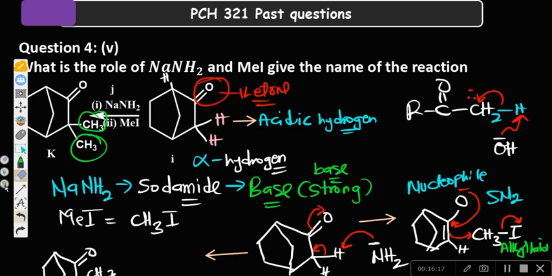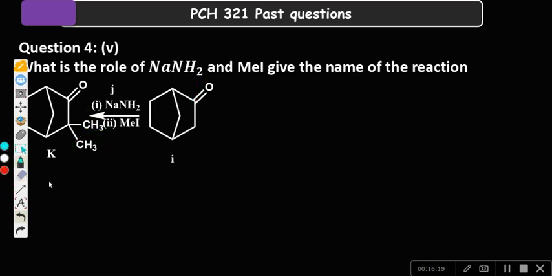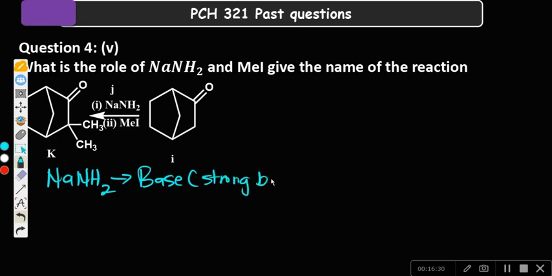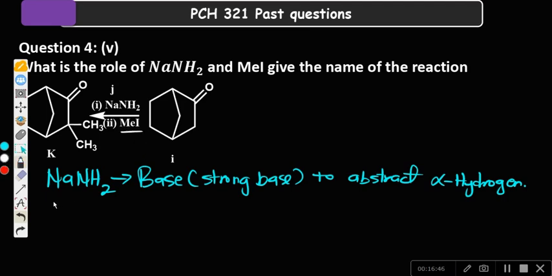All right. So without saying much, if you are asked what kind of reaction this is and what the uses of each of these are, I've told you that sodamide in this reaction is acting as a what? A base. In fact, a strong base to abstract, you can write it, to abstract alpha hydrogen. And then the next thing is methyl iodide.